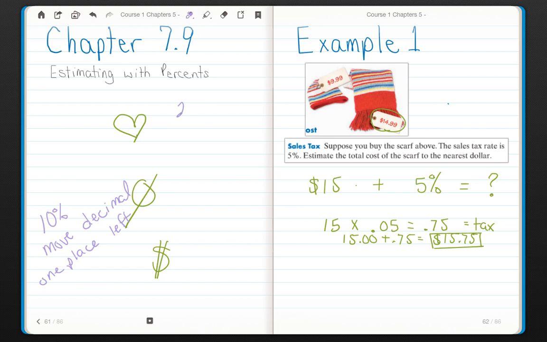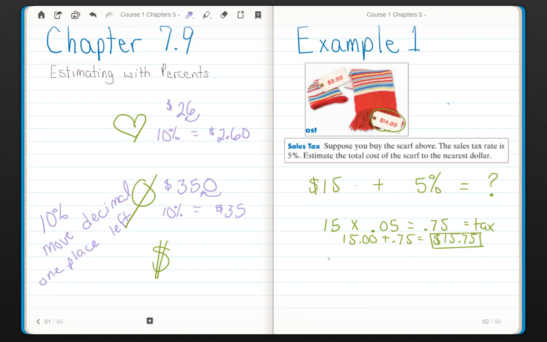So for example, if I have $26, 10% equals $2.60. I took that decimal and I moved it one place to the left. If I have $350, 10% equals $35. Take the decimal and move it one place to the left.